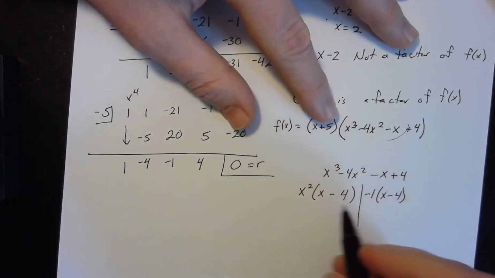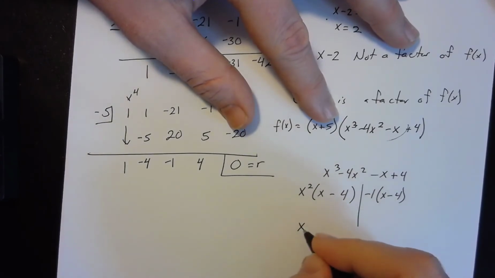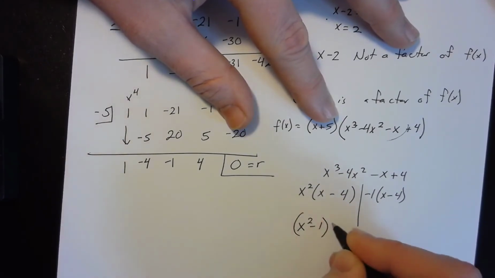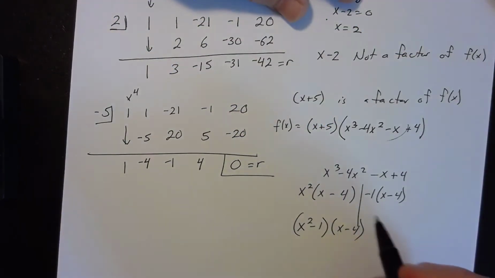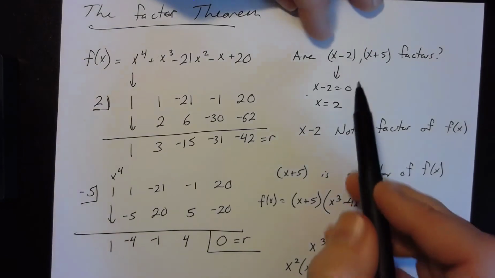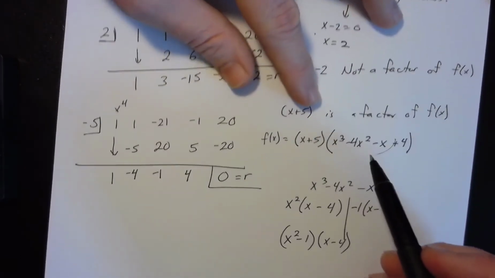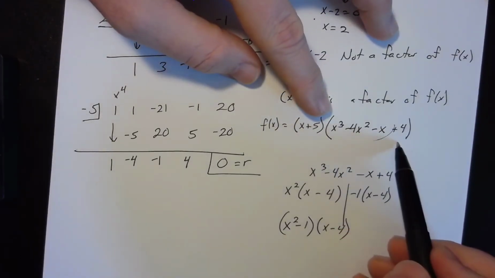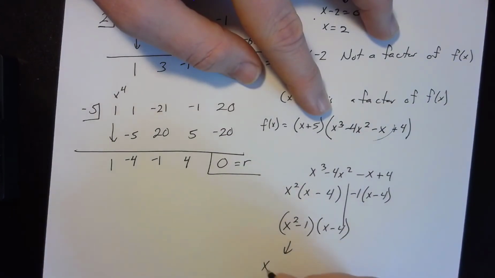So you'll notice very quickly that if I factor this utilizing the skills that I've learned in previous sections, this will factor further, which leads to us saying that if I can find at least one factor, then hopefully the rest of this can be done utilizing previous knowledge.